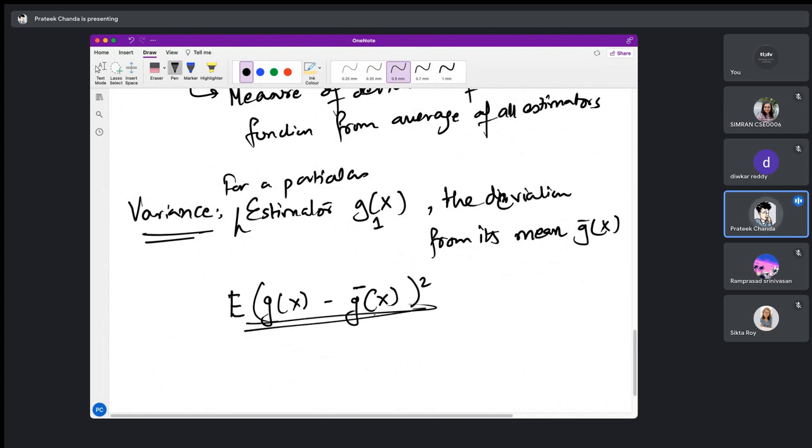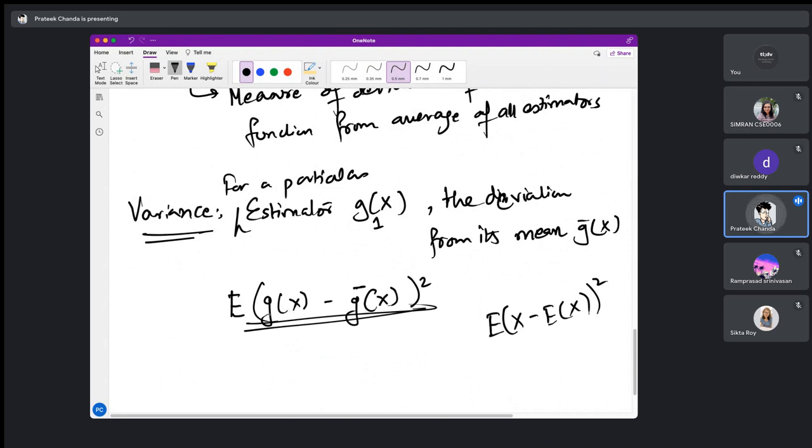So it's actually a variance. If you see the definition here, the expectation of (X minus E[X]) whole squared is actually the variance. In the same way, I define my variance here.